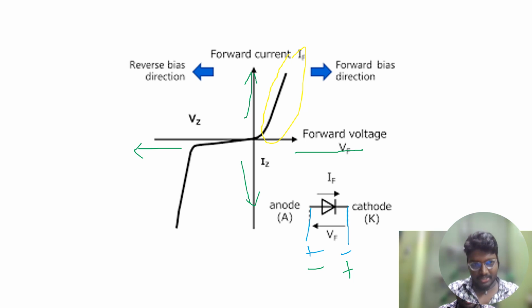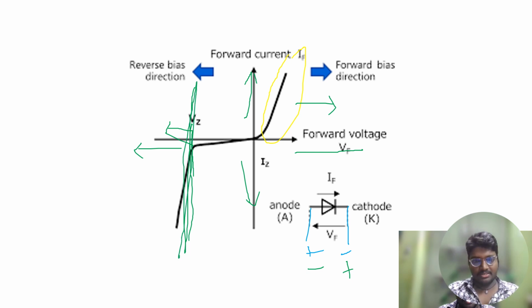If we further increase the voltage here, see, this is the cutoff voltage. As V increases, I also increases in the forward bias, but in the reverse bias I does not increase, it will be slightly cut off at the Vz.